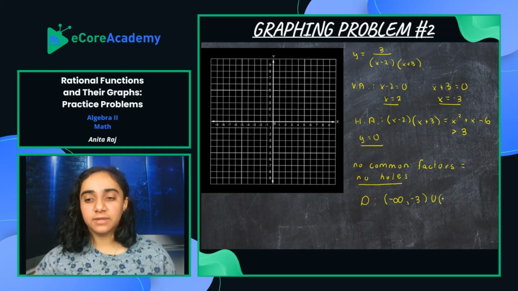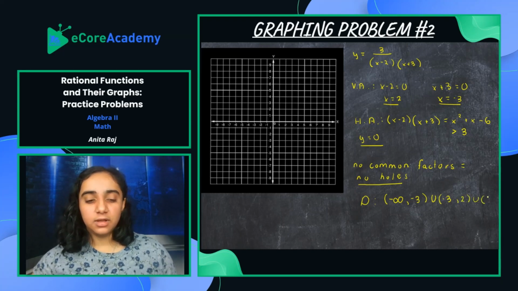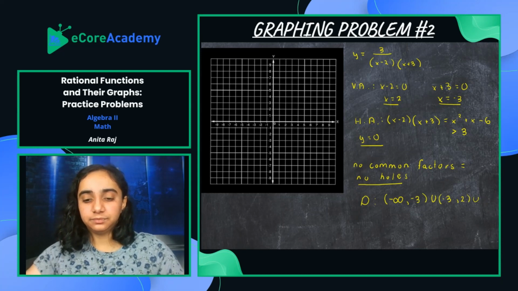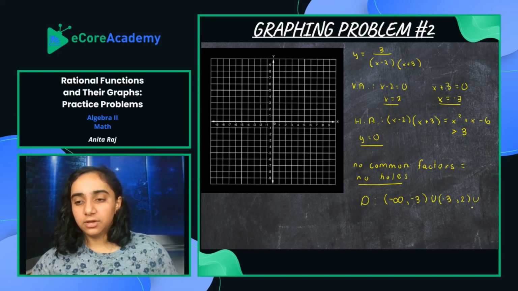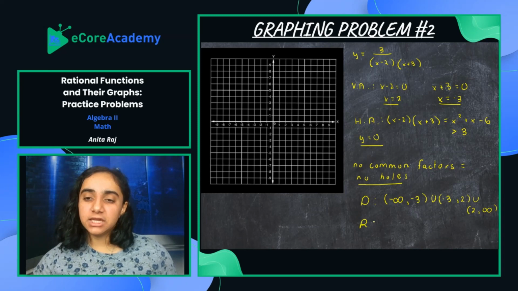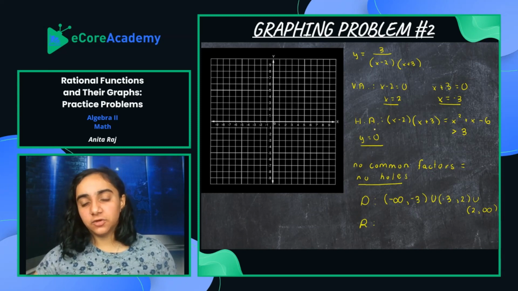Then we're going to continue from negative 3 until we hit 2, where there's another discontinuity. And then we're going to have a union, and then we're going to continue from 2 to infinity because we won't have any more discontinuities in regards to the domain.